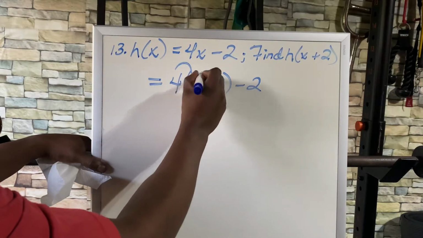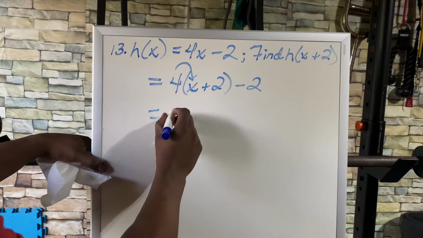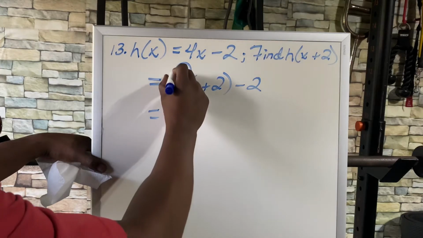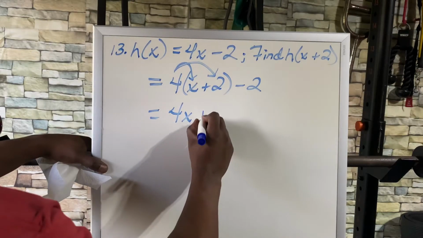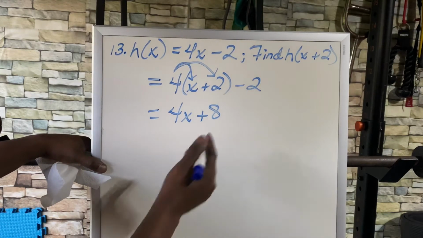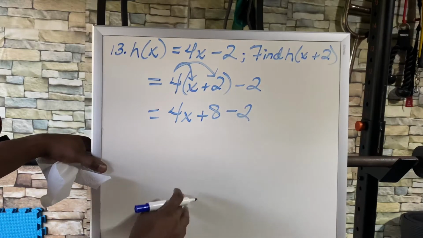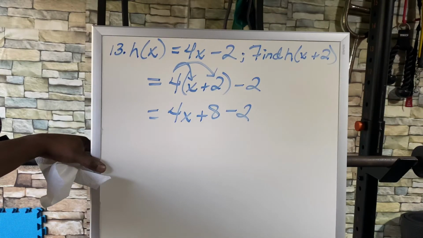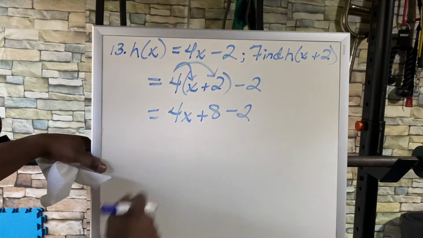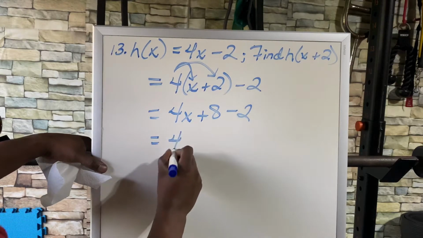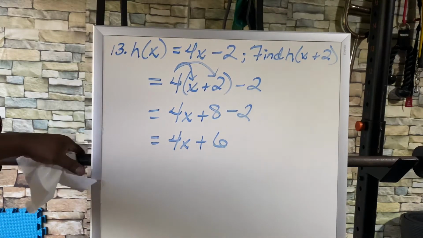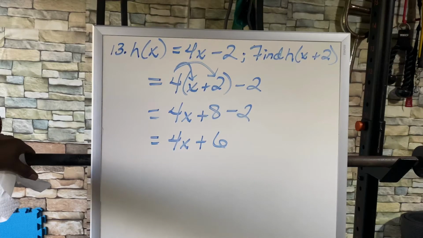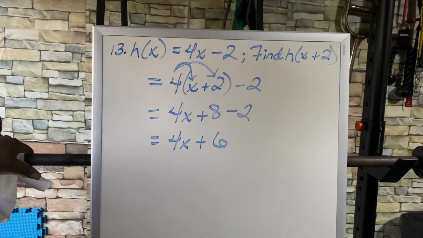Distribute. 4 times x is 4x. 4 times 2 is 8. Bring down the minus 2. Like terms, 8 and negative 2. So 8 minus 2 gives us 6. So 4x plus 6 is our answer.